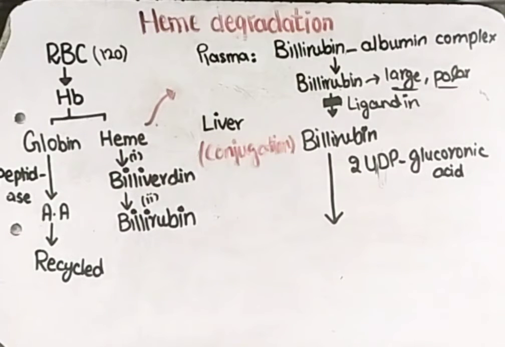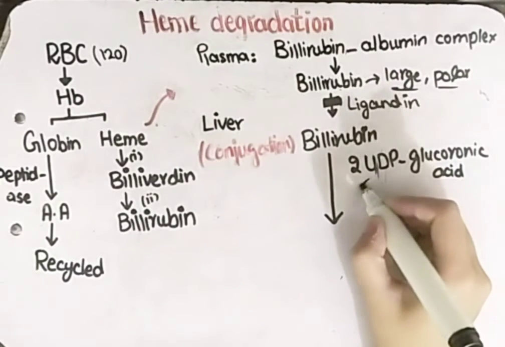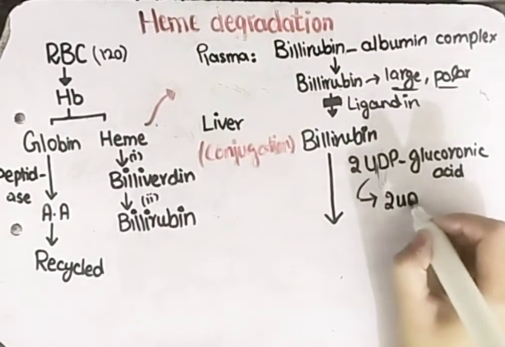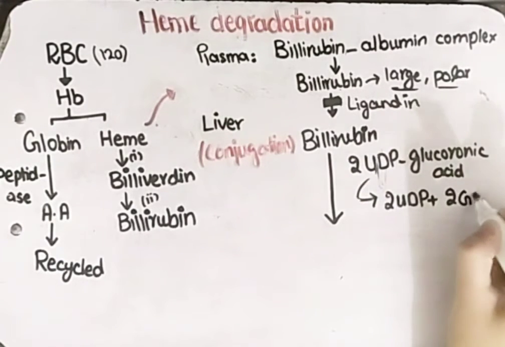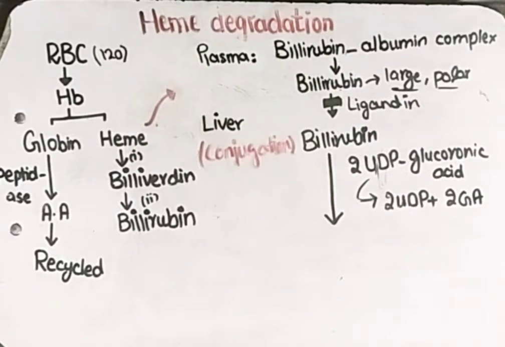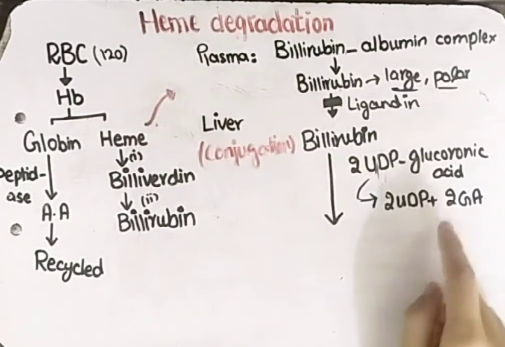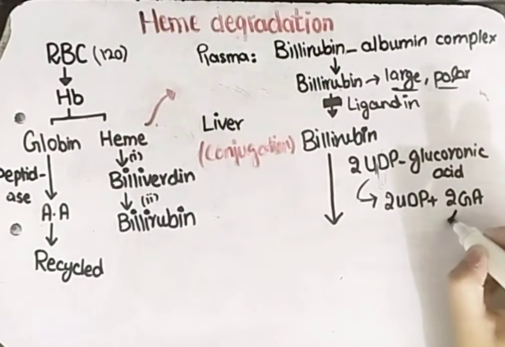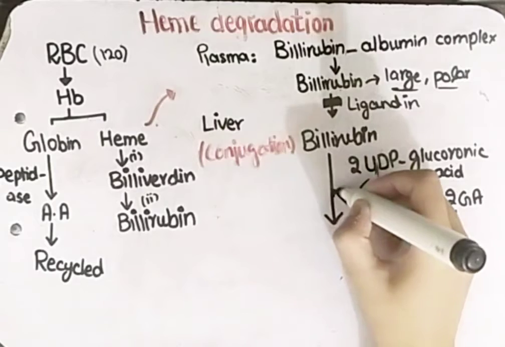UDP means uridine diphosphate, as you have ADP and ATP, adenine diphosphate. Similarly, we have UDP glucuronic acid. This UDP glucuronic acid is separated into two UDP molecules and two molecules of glucuronic acid. Then these two molecules of glucuronic acid are added into this bilirubin.